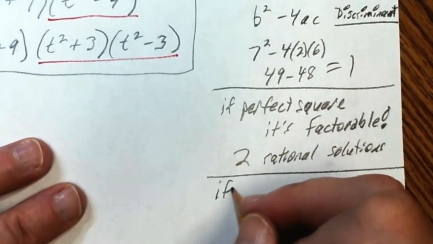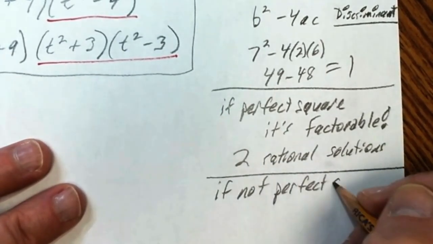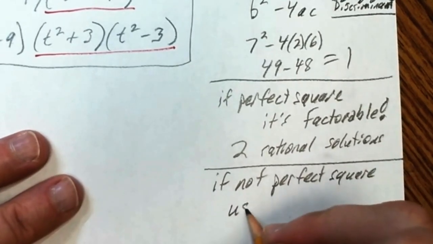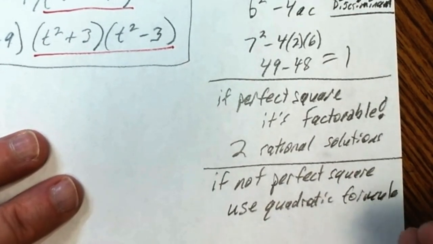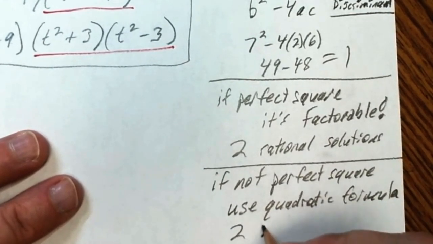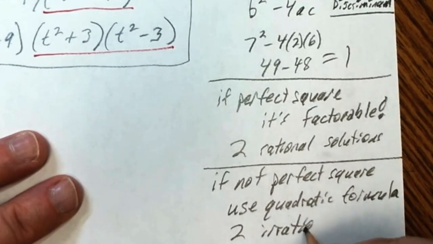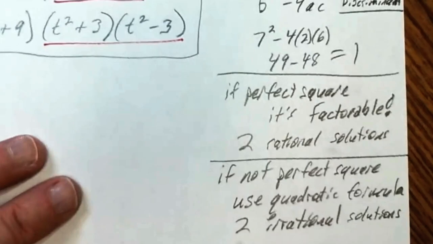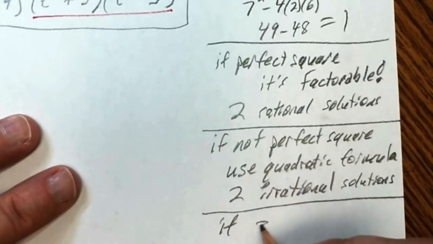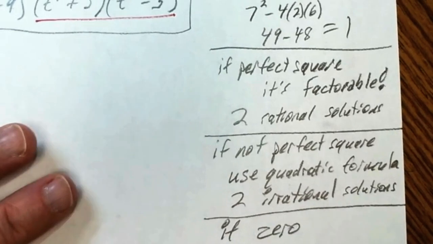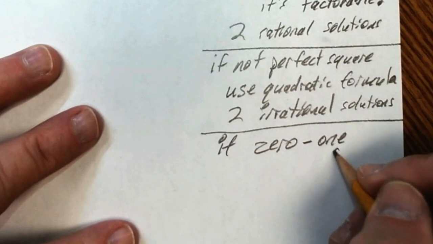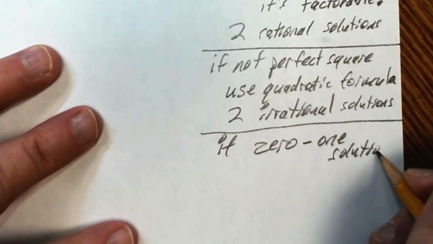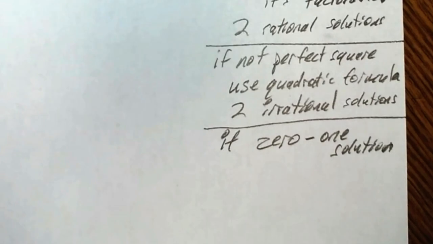If not a perfect square, then use the quadratic formula because it has two irrational solutions. If 0, right, because it could equal 0, one solution, which means it's probably a perfect square trinomial.